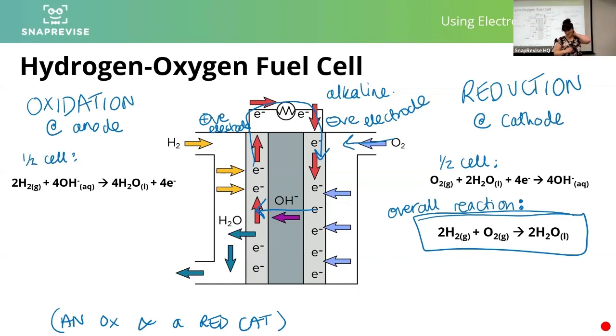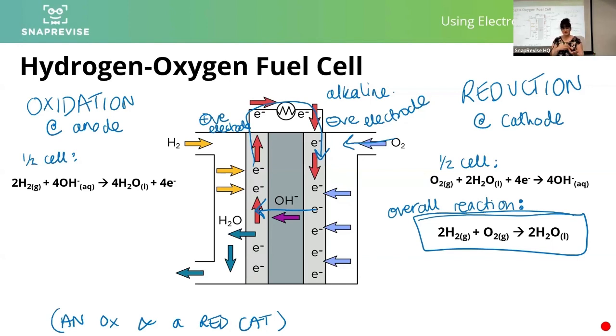Personally, I'm not a massive fan of memorizing that because, as well as memorizing that, you also have to remember that it's talking about oxidation happening at the anode, and it's not talking about anions or an oxidized product or whatever. So I'd rather work it out, but feel free to use it to remember which one's which.